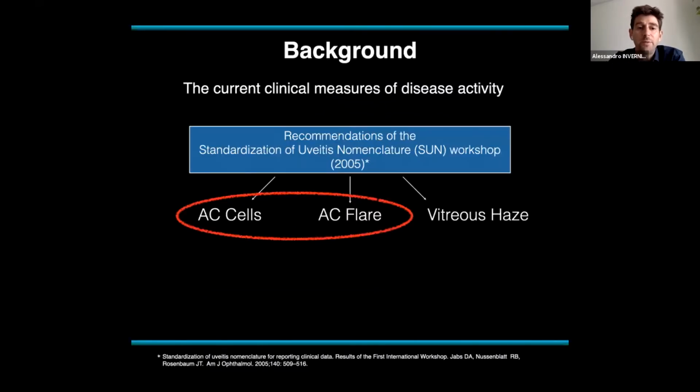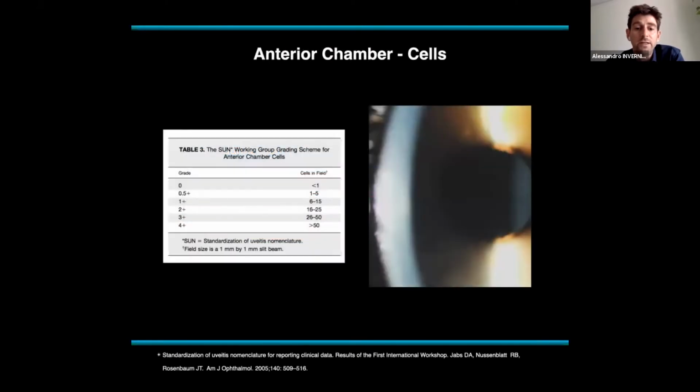Let's start with a bit of a background. So we all know that to assess the inflammation in the eye, we use the recommendation of the Sun Working Group, and they stand still since 2005. And for the anterior chamber in particular, we grade AC cells and AC flare. Now, AC cells are graded with a scale from 0 to 4.